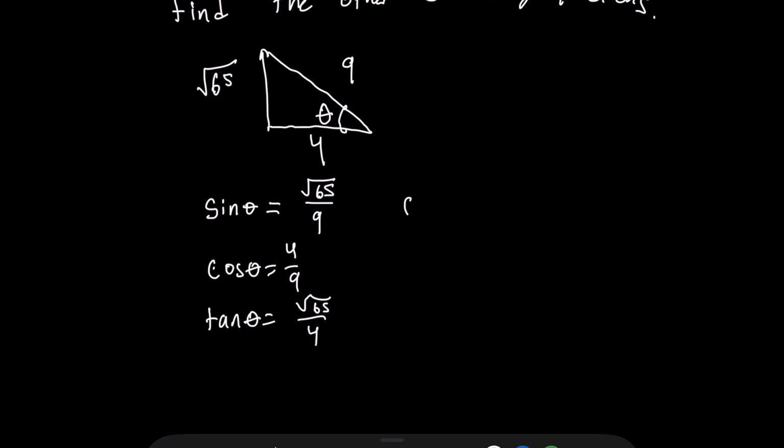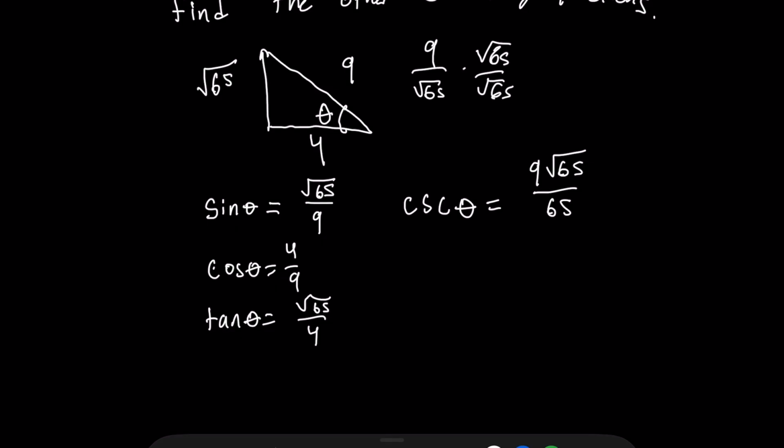Now, to find the other three, we just flip everything. And I just rationalized the denominator because cosecant would be this, but then I just did this, just so you guys are aware.